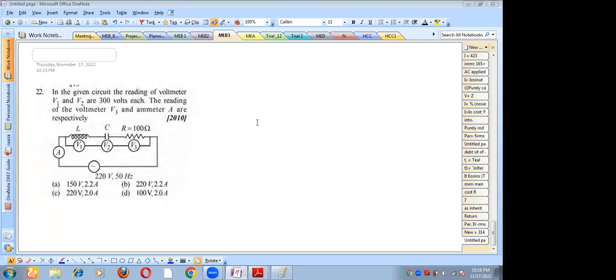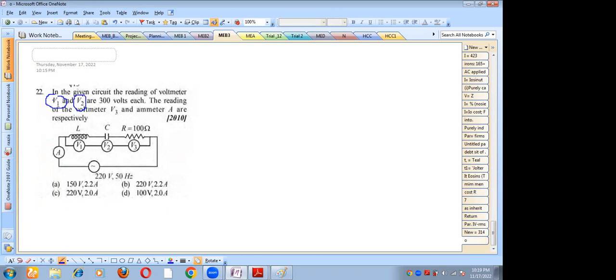Alright. So according to the question, in the given circuit, the readings of voltmeters V1 and V2 are both 300.